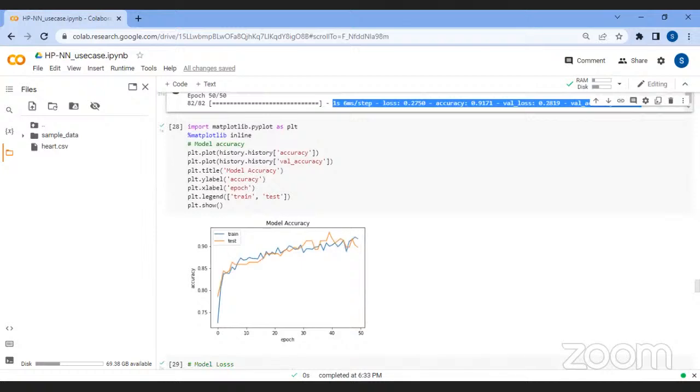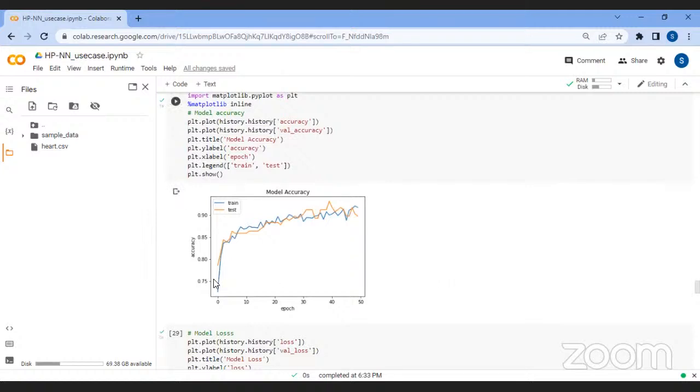Here we have our results, and we have plotted the number of epochs and compared it with accuracy. As we can see, the epochs are increasing. We have compared the test and train data, and the accuracy was increasing with the increasing number of epochs.